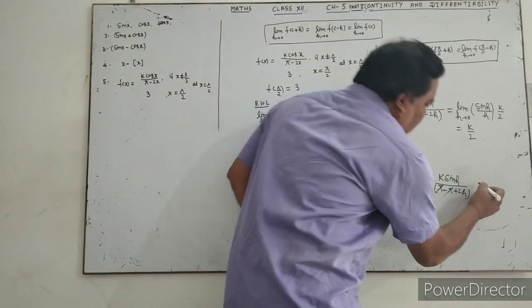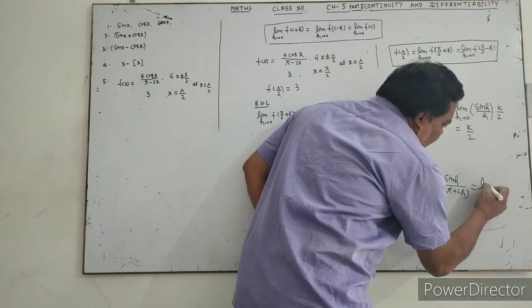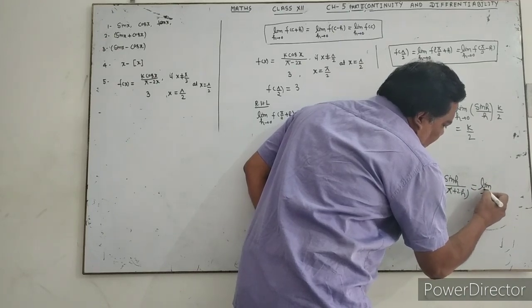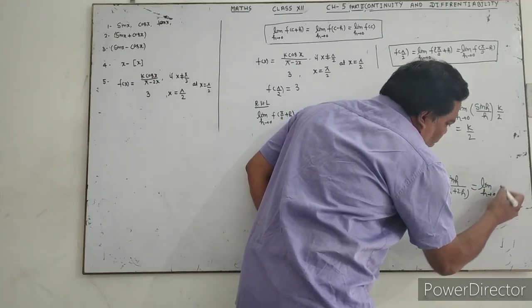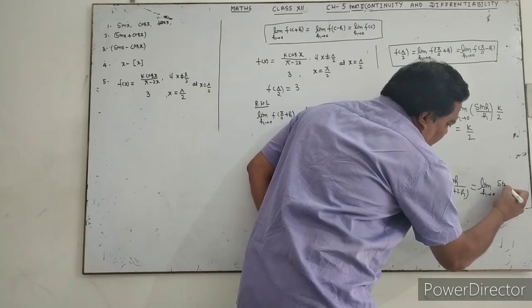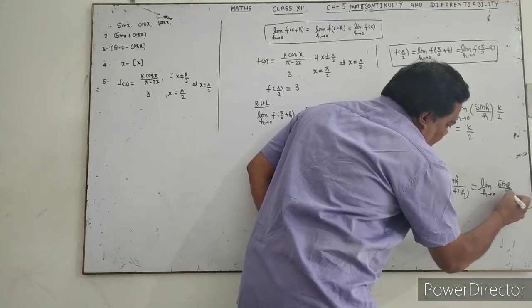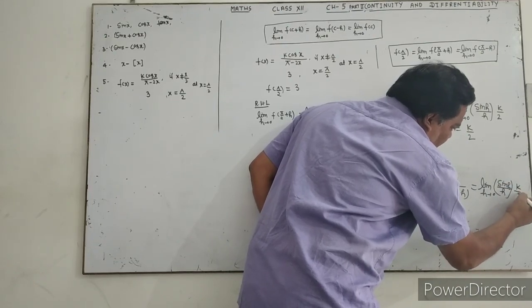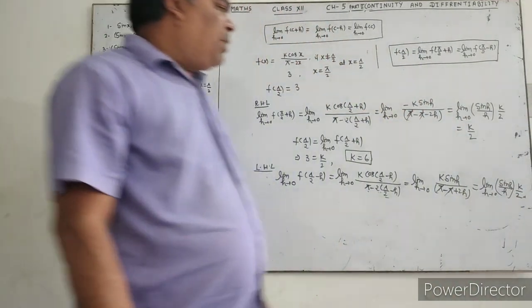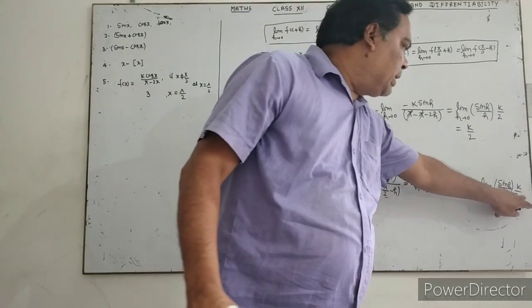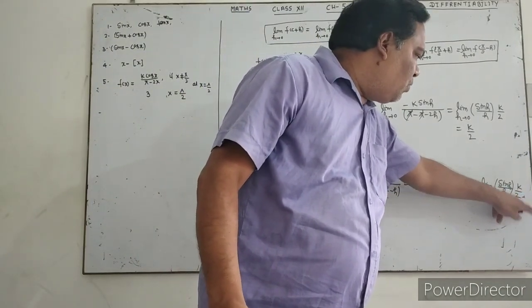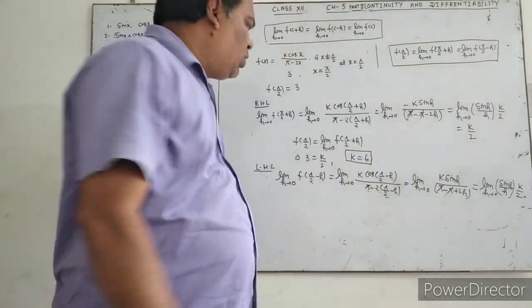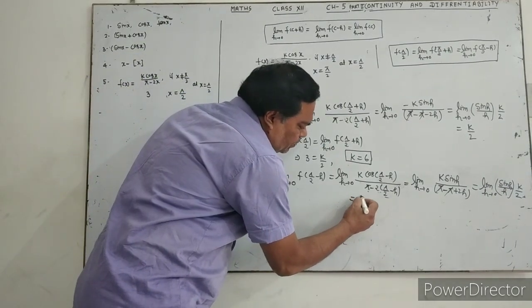Now this is equal to the limit as h tends to 0 of sin h upon h and a by 2. Sin h upon h is 1, and this is equal to k by 2.